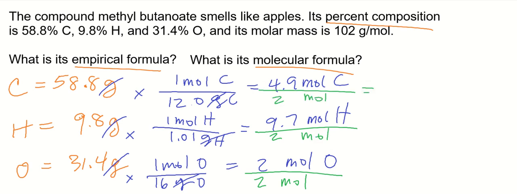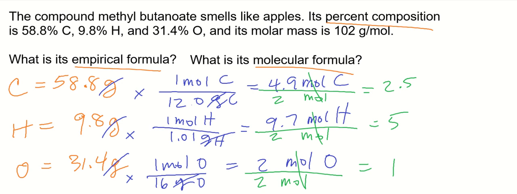I'm just going to use 5. 5 divided by 2 is 2.5 moles there. And then I'm just going to use 10. 10 divided by 2 is 5. And 2 divided by itself is 1. All right, shucks, we have fractions.